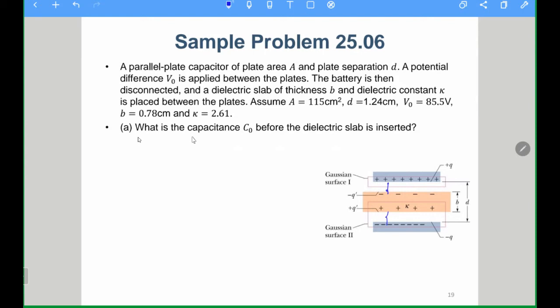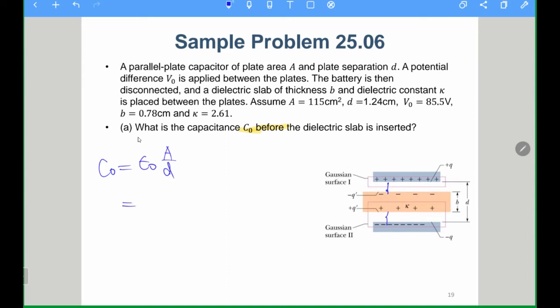So what is the capacitance C0 before the dielectric slab is inserted? So C0 is nothing but epsilon naught times A over D. Because it is a parallel plate capacitor, we can simply apply this formula.